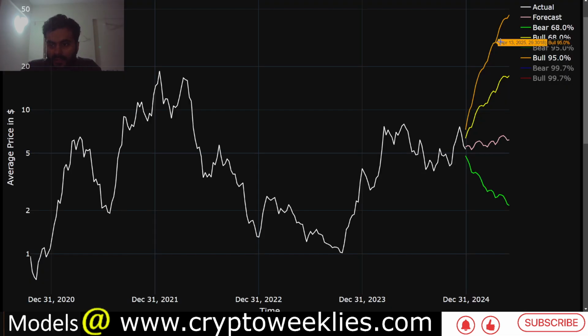Again, that would put NEAR at around $32, if that kind of a euphoria phase lasts for let's say the first 3 to 4 months of the post halving year of 2025. That gets NEAR to the $32 level per the machine learning based model.